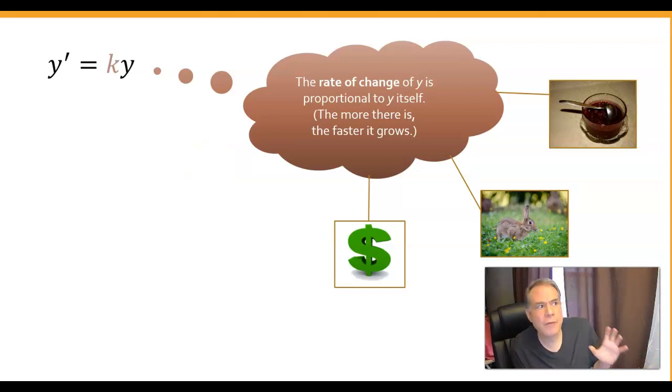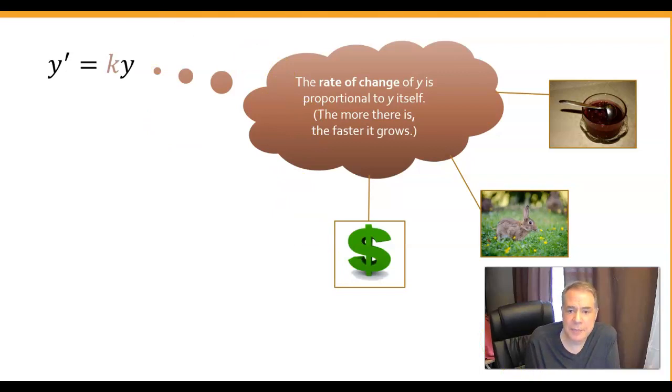So that's an example of where differential equations come from in the real world. They come from when you have a situation where you have a relationship between how much of something there is and how fast that thing is changing, and you model that with a differential equation where the y prime, or the derivative, represents the rate of change, and it is somehow related to the independent and or the dependent variables in the situation.